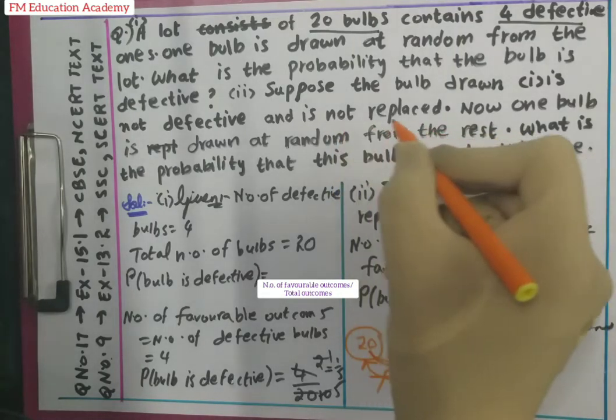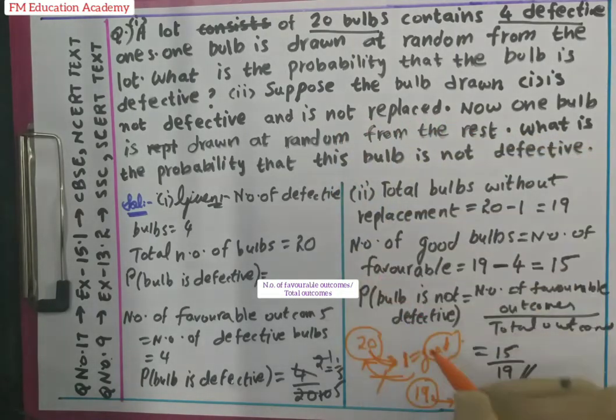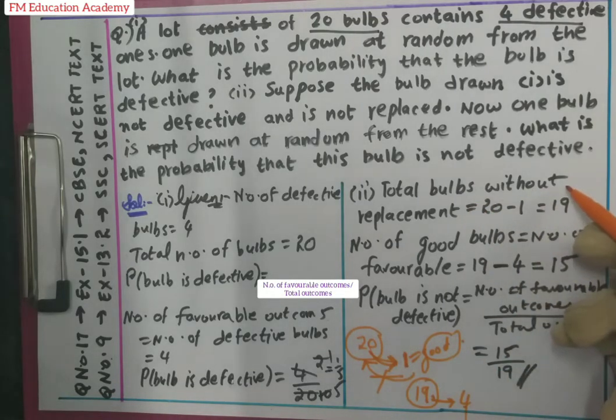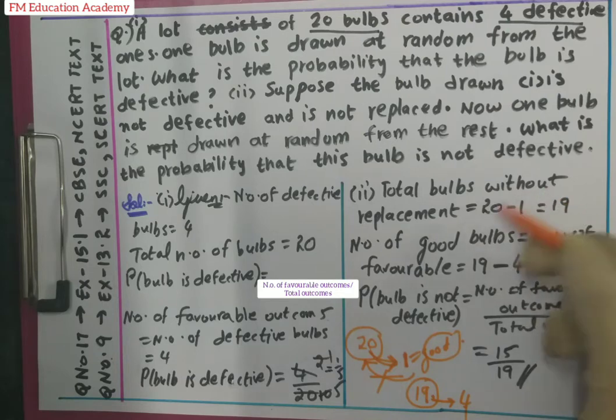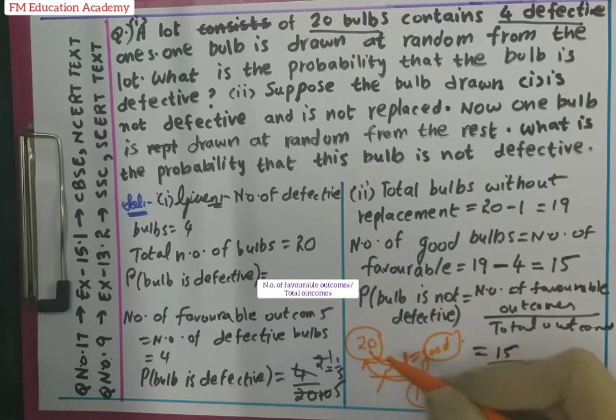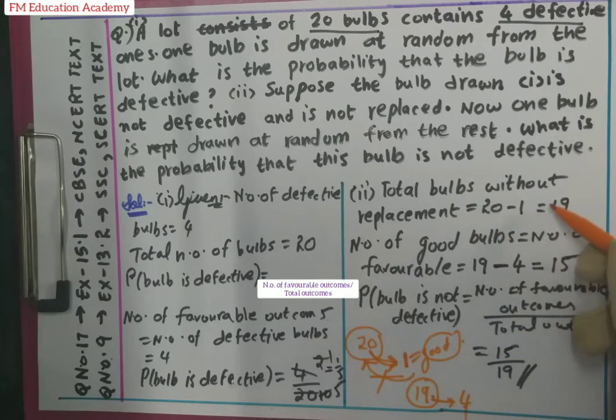Not replaced means we are not keeping it back. Since we are not keeping it back, now the number of bulbs has become 19. One good bulb is gone from the 20. So total number of bulbs without replacement is 20 minus 1, that is 19.